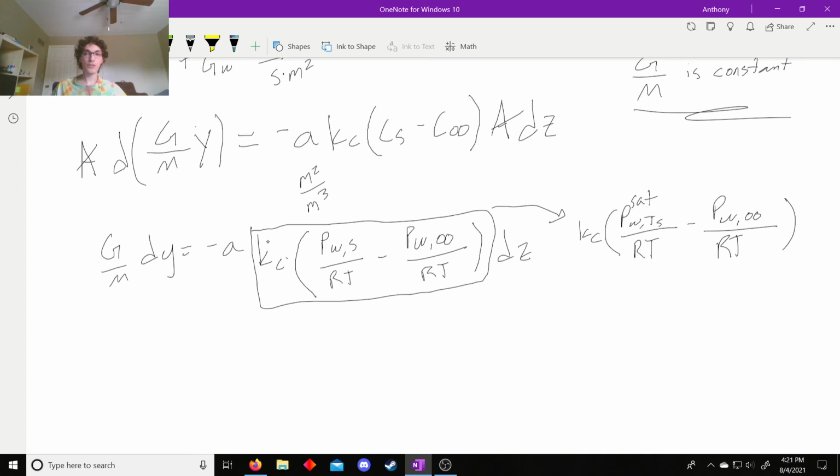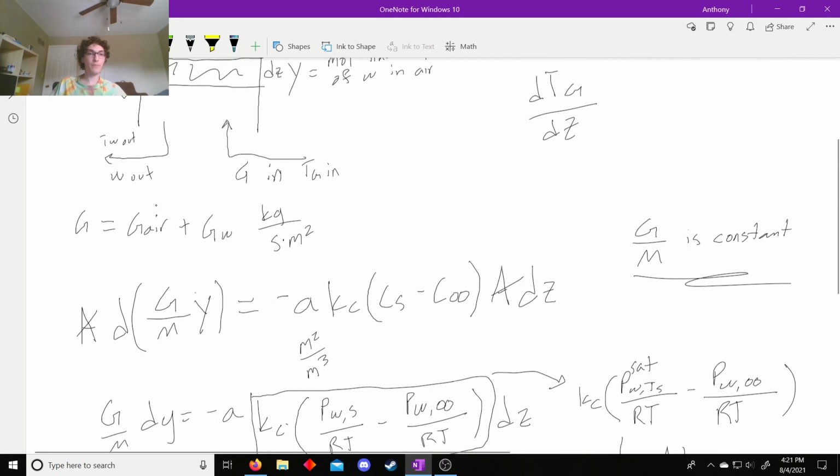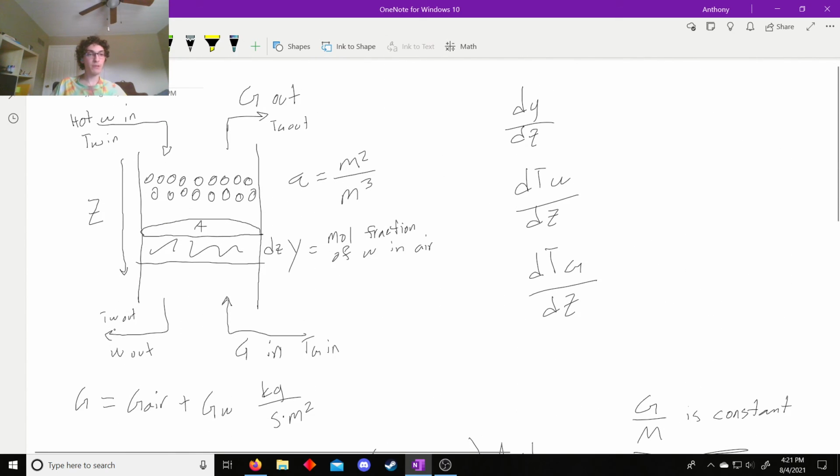Okay, and we're actually going to call this NW, well, this is going to be the molar flux of water. This is going to be the moles of water that move from this hot water stream over into the vapor phase in the gas stream that's going out.